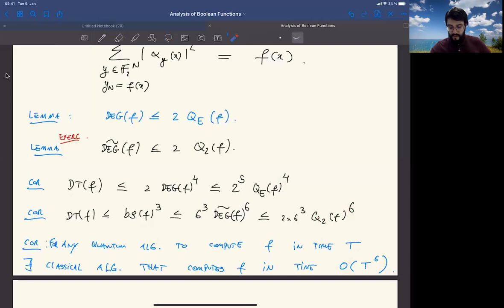It also could be the case here, these functions are defined on the whole Boolean set. There are quantum algorithms that are specialized for functions that are only defined on a partial subset, a subset of the full Hamming space. And therefore, we don't have such a corollary for those partial functions.